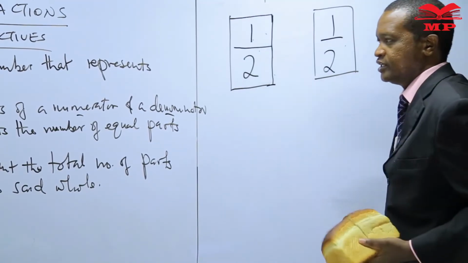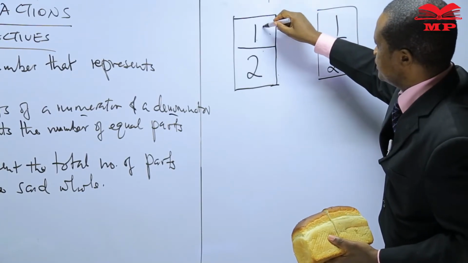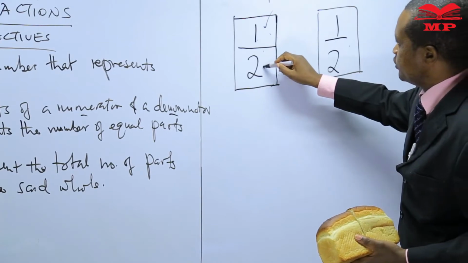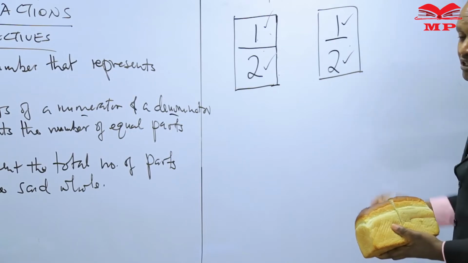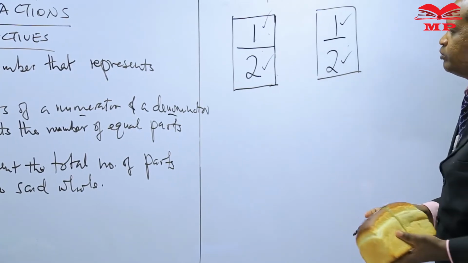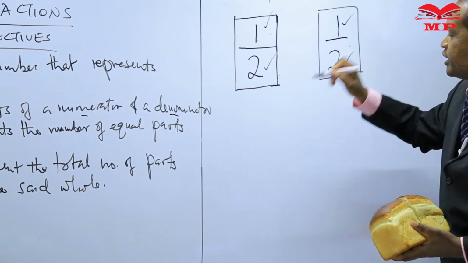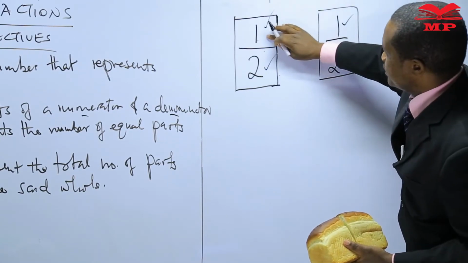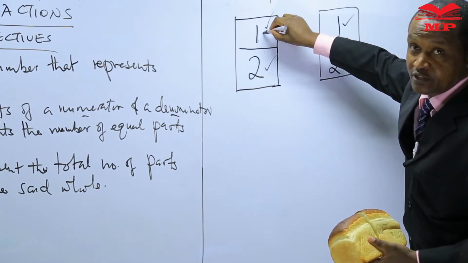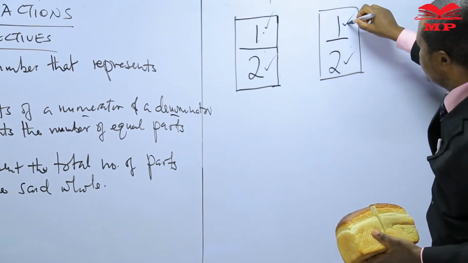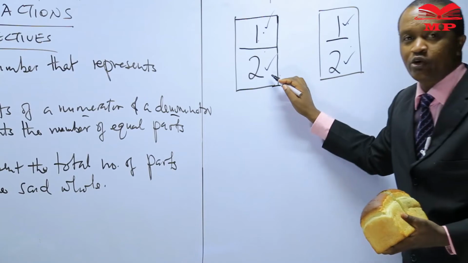We have gone further and said that a fraction consists of a numerator, this is the numerator, and a denominator. A numerator represents the number of equal parts of the whole. So this is the numerator for the first fraction, and this one again is the numerator for the second fraction. Then there is the denominator.